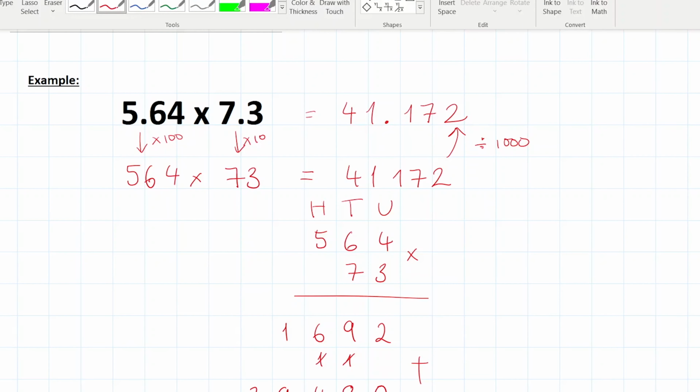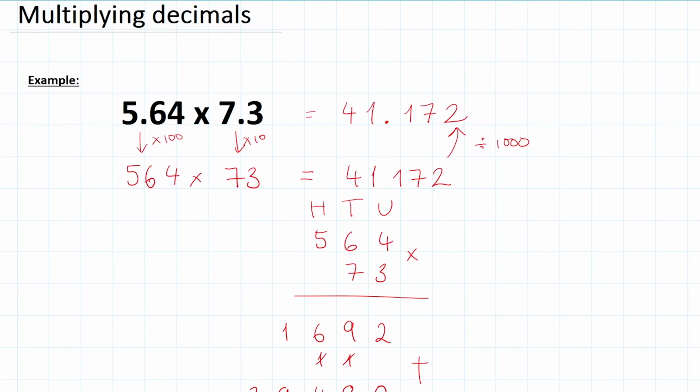And if you have a look at the decimal places, it also makes sense when you count them. In 5.64 there are 2 digits after the decimal point, and in 7.3 there is 1 digit after the decimal point, which is the 3. So altogether, my answer has to have 3 decimal places: 1 here, 2 here, 3 here, and it does make sense.